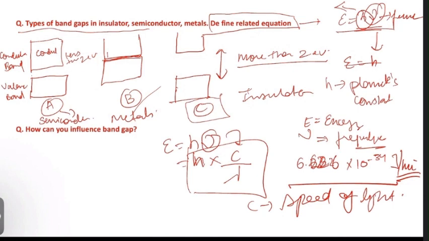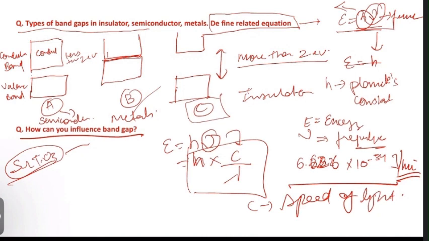Fine. Next question. How can you influence band gap? So the question means you have the same material. Suppose we take strontium titanate. We have to keep the composition the same, structural parameters the same, chemical composition, everything the same.